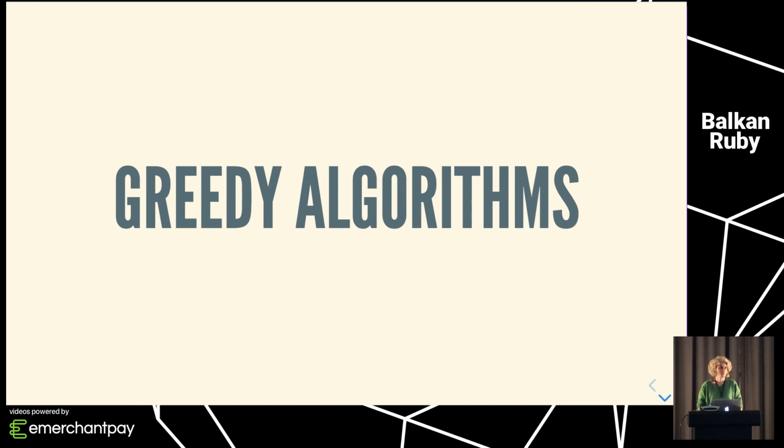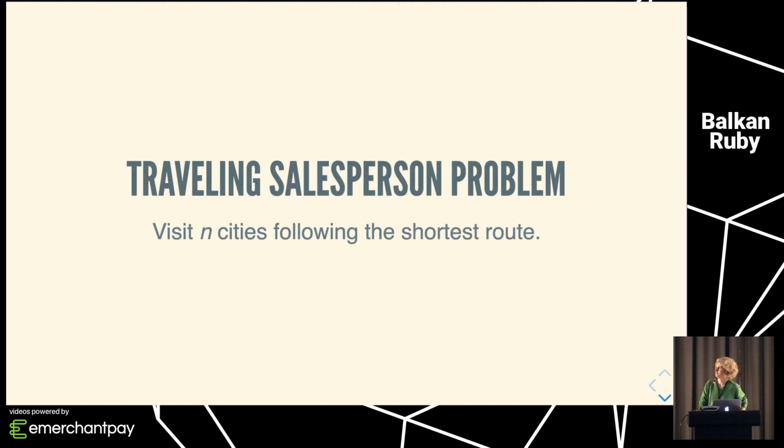Well, there are cases when we have a perfect algorithm for finding the solution for our problem. We have a well-described system, but the implementation of the algorithm is not practical. This is the problem of the traveling salesperson, where we have a person that has to visit a number of cities following the shortest route.